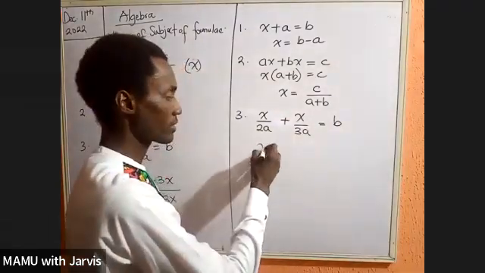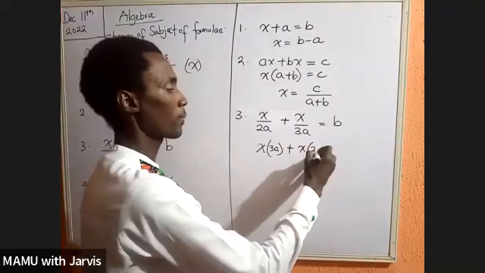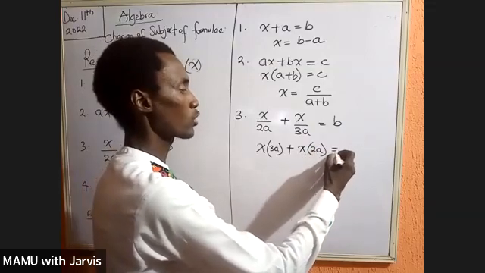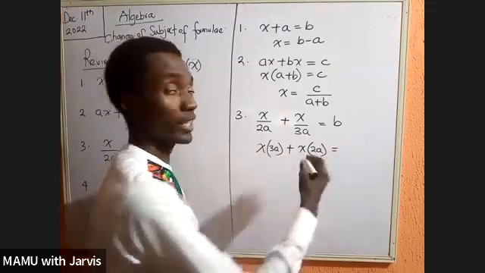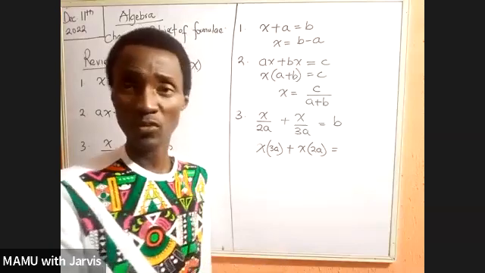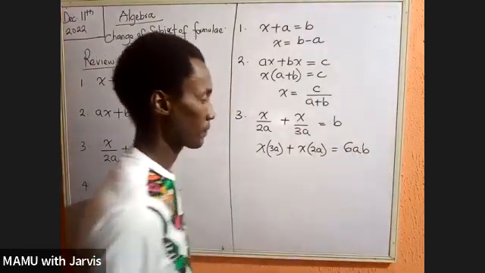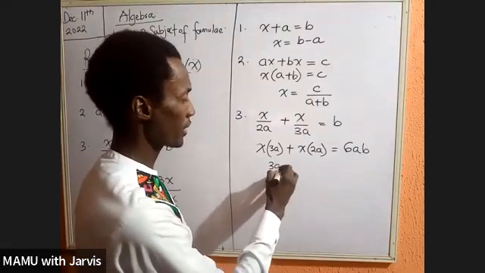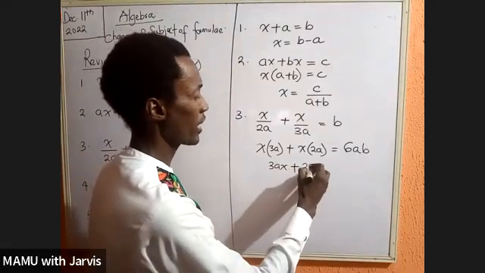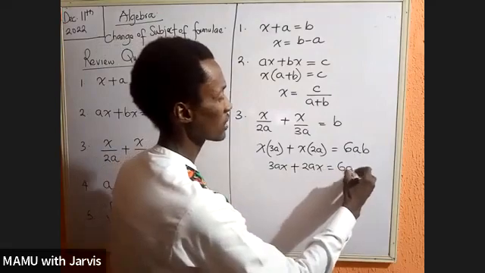So it means x multiplied by 3a plus x multiplied by 2a must be equal to the LCM of this, or the LCD as it applies to fractions. That will be 6ab. So this will mean 3ax plus 2ax equal to 6ab.